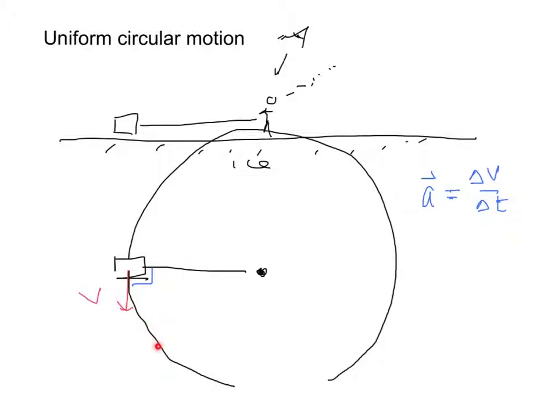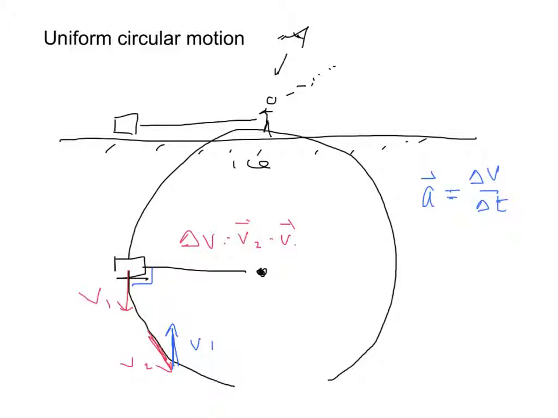We talked about that in class: if at one moment in time V1 is there and V2 is over here, tangent over here, then delta V is equal to V2 minus V1. Again, these are vectors, so it's V2 plus the negative version of V1.